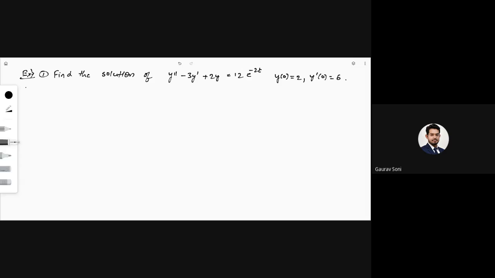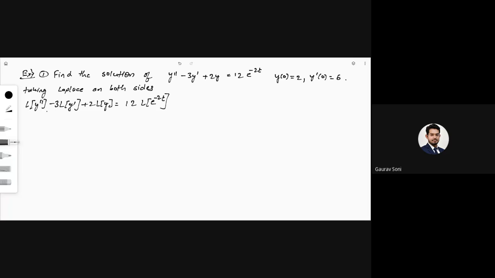So taking Laplace on both sides, what we get is the Laplace of y double dash minus 3 times Laplace of y dash plus 2 times Laplace of y is equal to 12 Laplace of e to the power minus 2t.